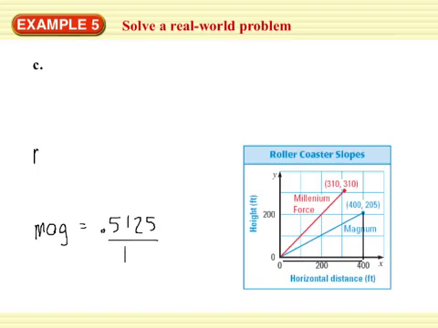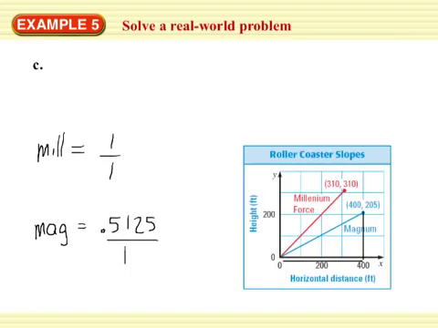And the slope for the Millennium is 1 over 1. So we know that our slope for the Millennium Force is steeper than the slope for the Magnum. The slope for the Millennium Force is 1, which is greater than the slope for the Magnum, which is 0.5125. So you know that the Millennium Force has a steeper climb.